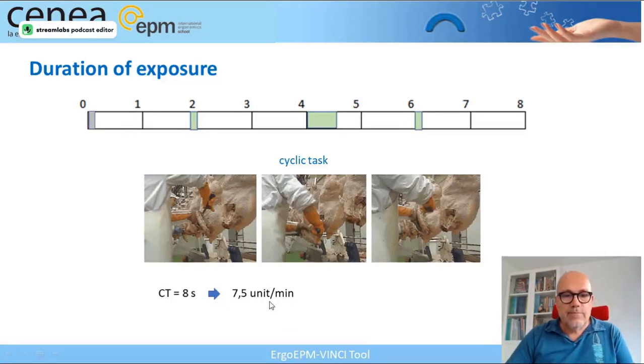In other words, in 1 minute they will process 7.5 units. If this work is done during the 440 minutes, at the end of the shift they will have processed 3,300 units.